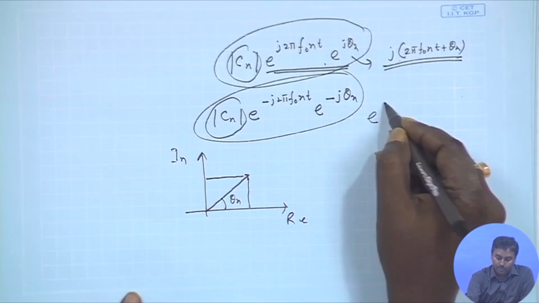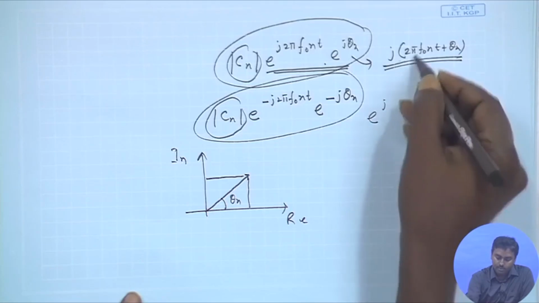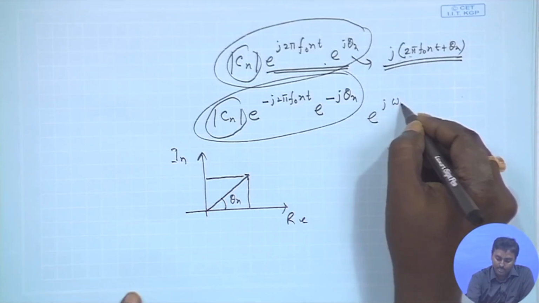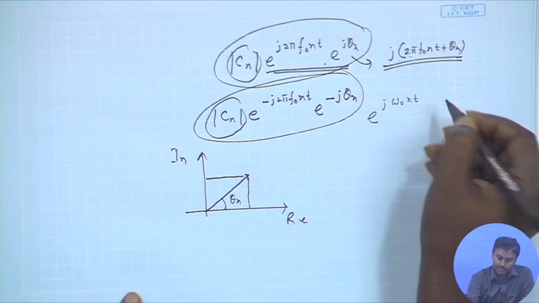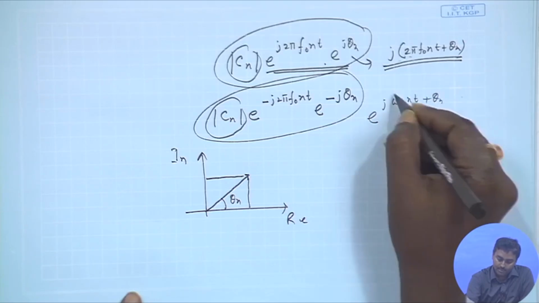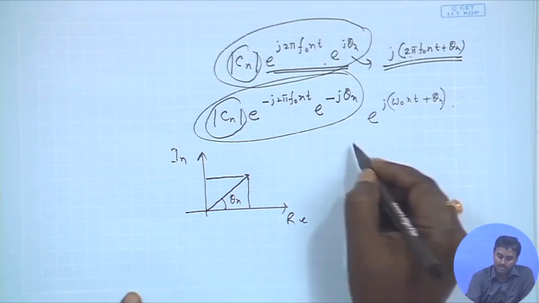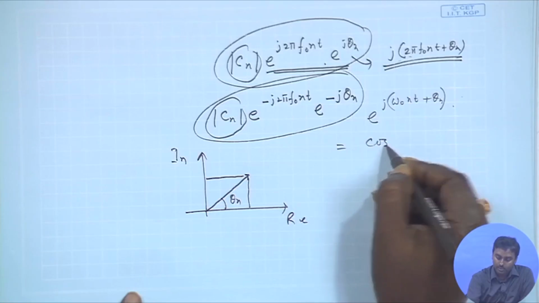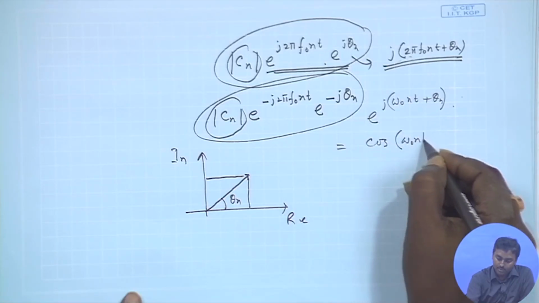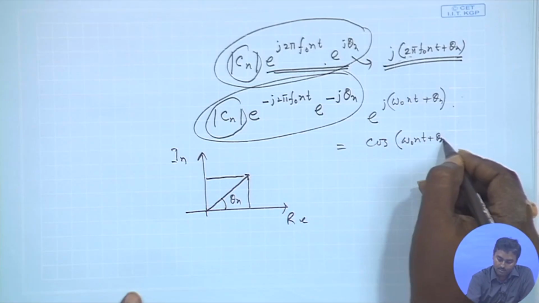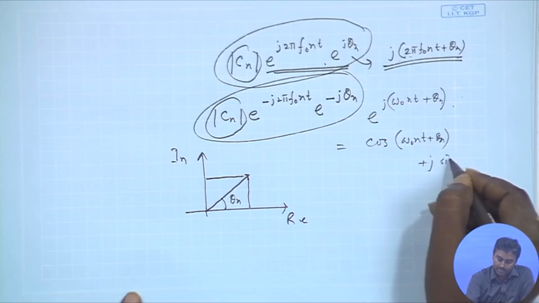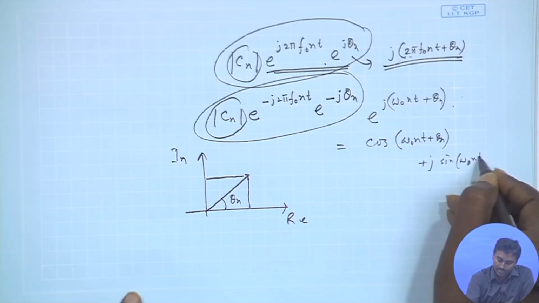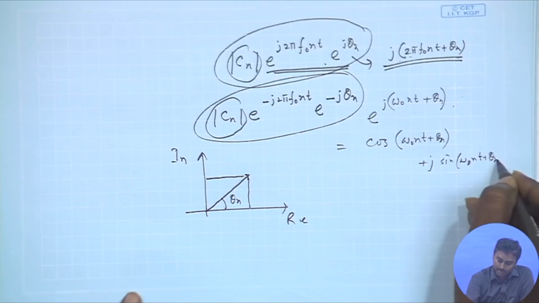Whenever I put e to the power j 2 pi f0, I can write it as omega 0 nt plus theta n. What does this mean? It is cos of omega 0 nt plus theta n plus j sin of omega 0 nt plus theta n.